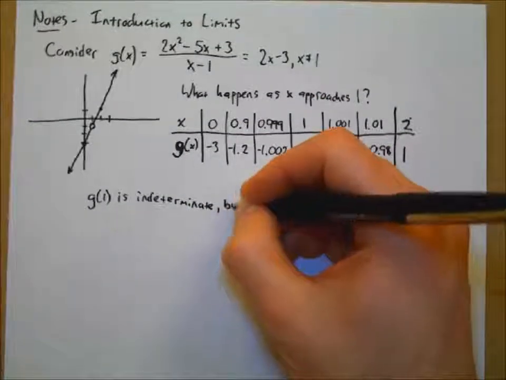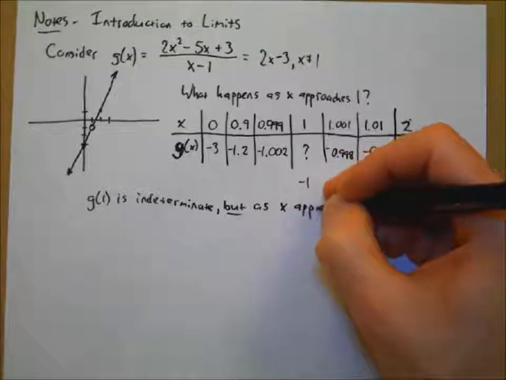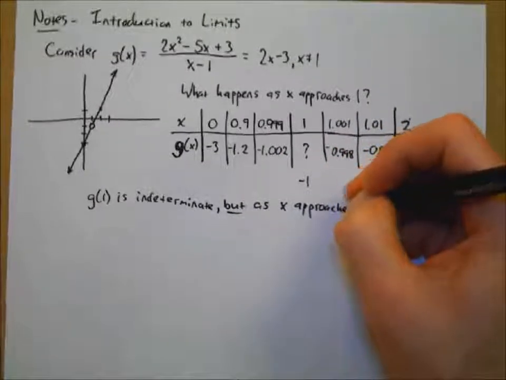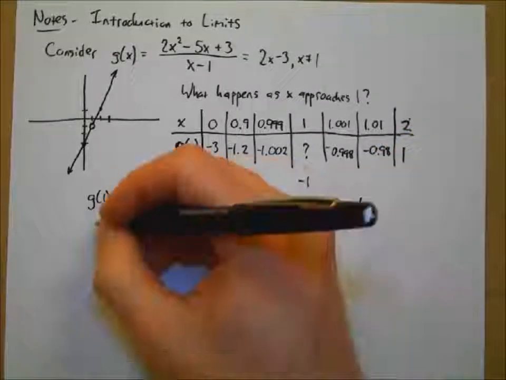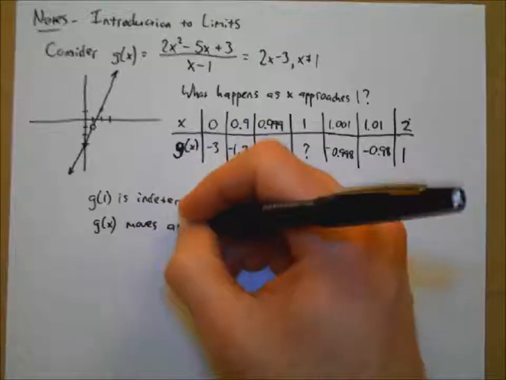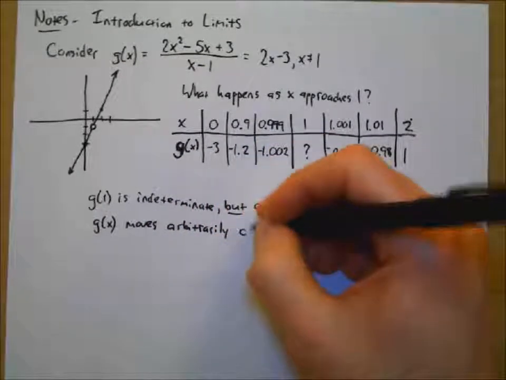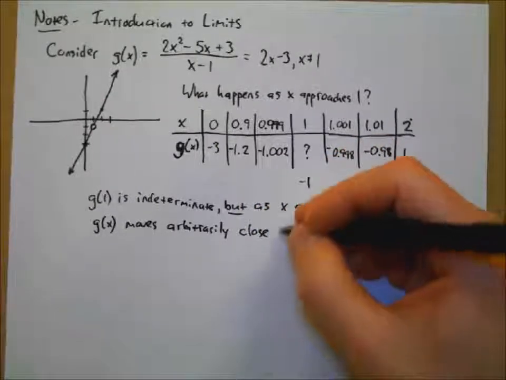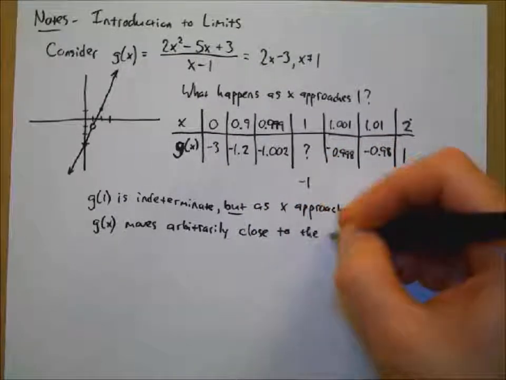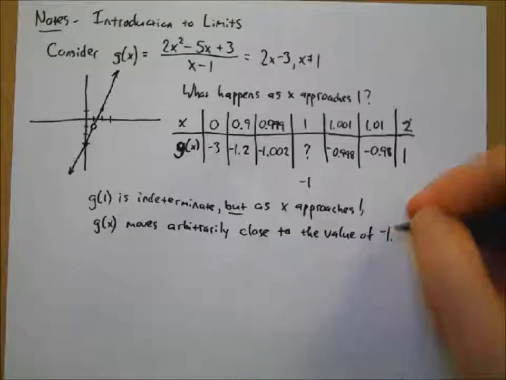But as x approaches 1, g of x moves arbitrarily close to the value of negative 1. Okay.